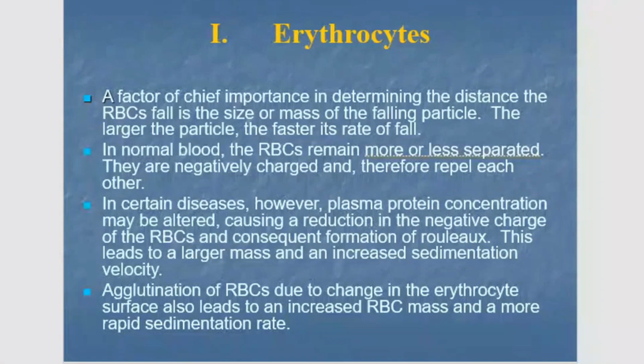When the red blood cells are not in the normal state and are getting affected, automatically their negative charges will be reduced. When their negative charges are reduced, they'll form rouleaux, and when rouleaux form, it leads to a large mass and an increase in the sedimentation velocity.